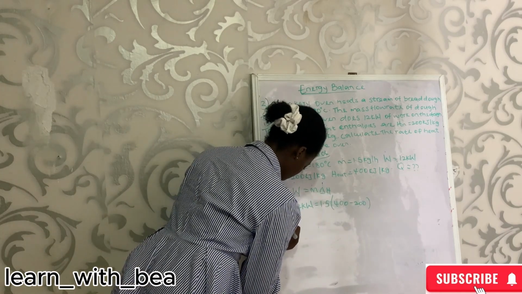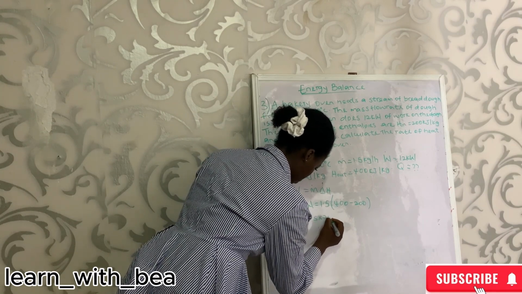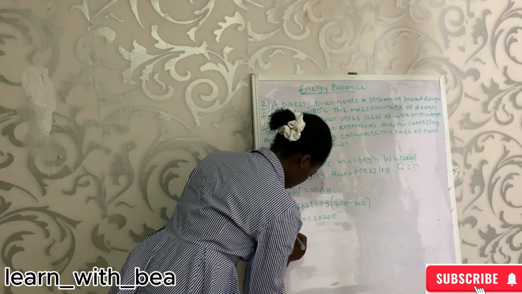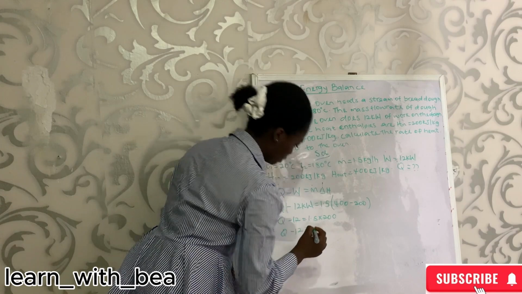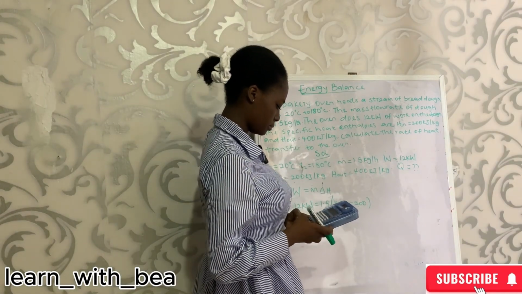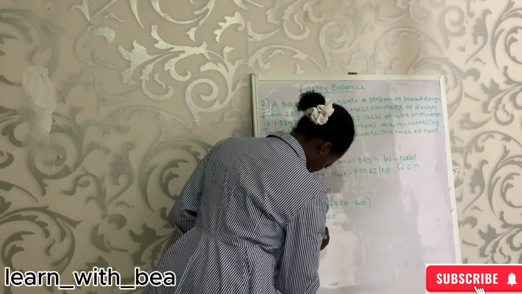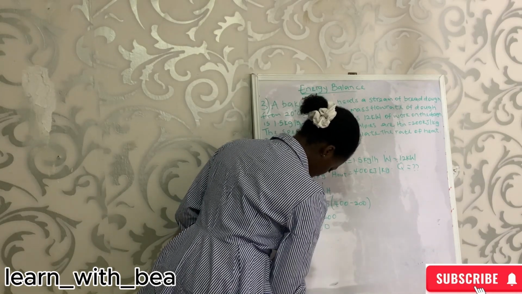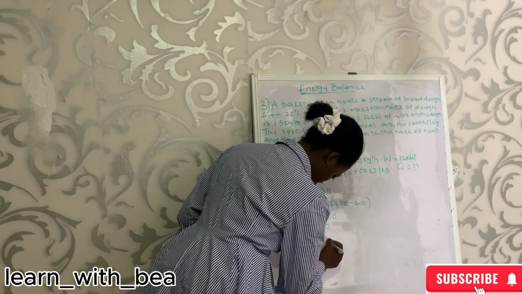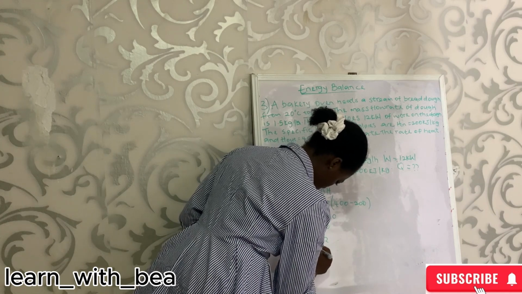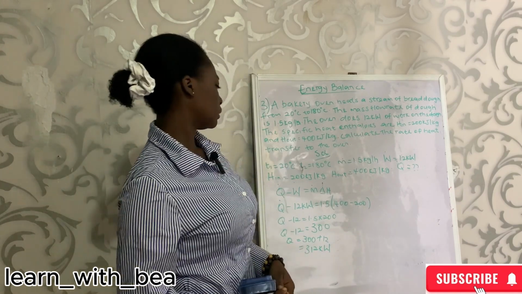So we are left with Q minus 12 equals 1.5 times 200. So Q minus 12 equals, that's 300. So our Q is 300 plus 12, which is 312 kilowatts. Yes, and that's all.